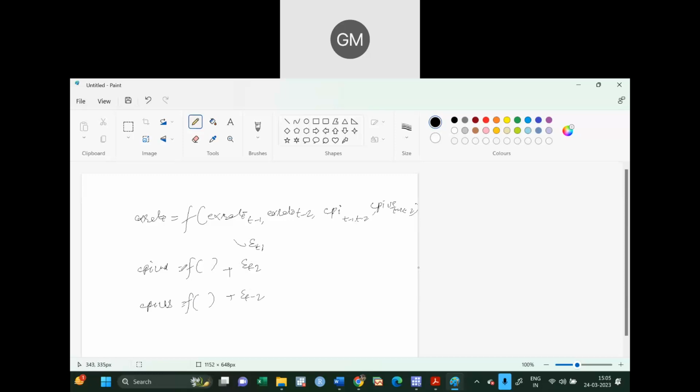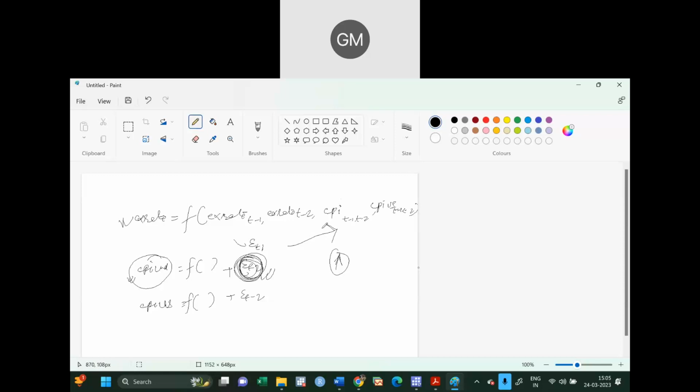So when we say oil price has suddenly gone up, that is a shock to the consumer price index for India. The shock is normally captured in the error term, right? And this is going to affect the consumer price index. And this consumer price index is also entering as a right hand variable in the equation of the exchange rate.